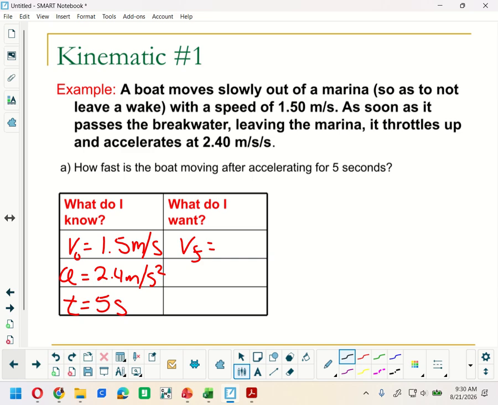It is zero. Especially in these readings and problems, we're starting from somewhere. We're in a car, in a boat, in a plane. We start somewhere. So if it doesn't say anything else, my initial position is normally going to be zero.